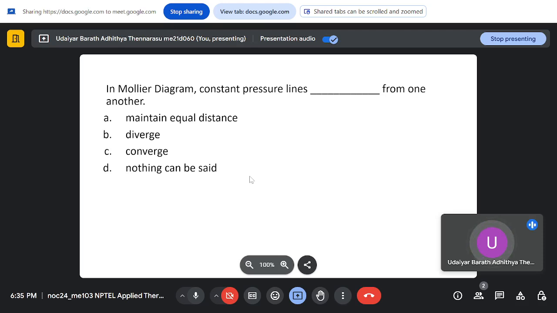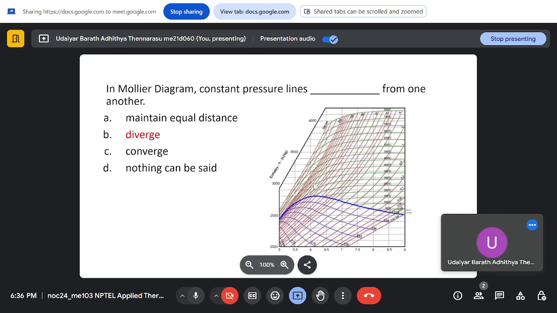In a Mollier diagram, constant pressure lines: maintain equal distance, diverge, converge, or nothing can be said. The Mollier diagram is nothing but an HS diagram, enthalpy and entropy diagram. So what happens to constant pressure lines?